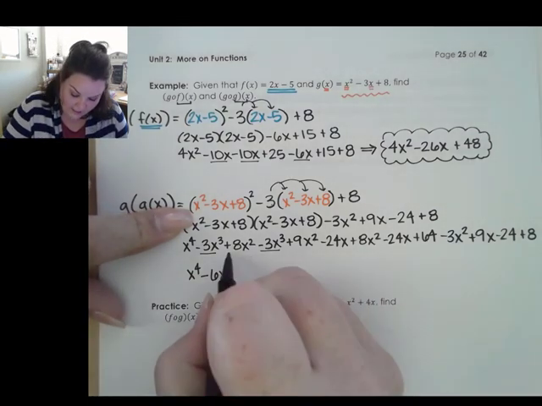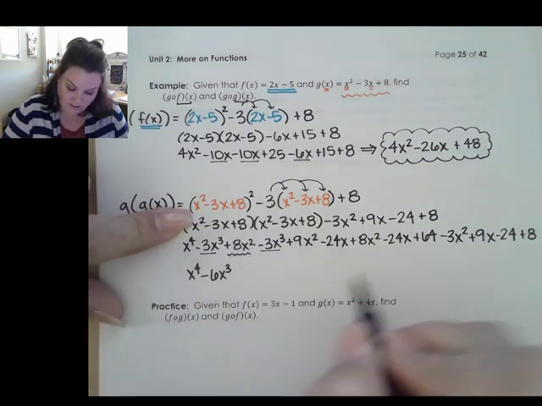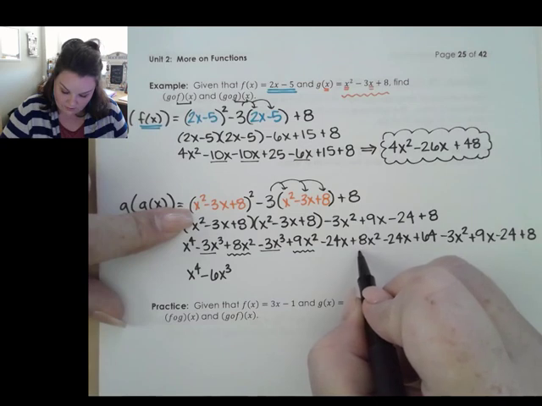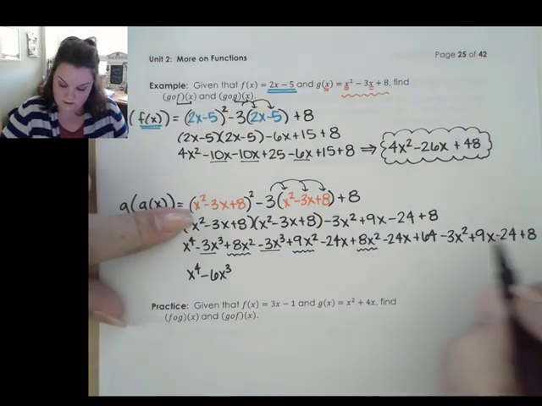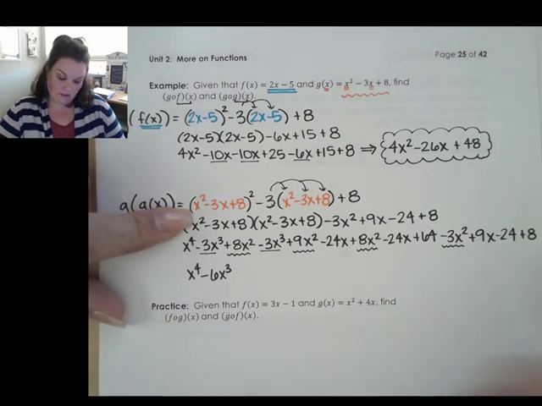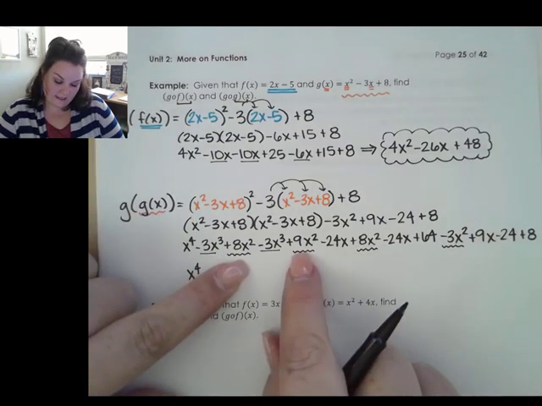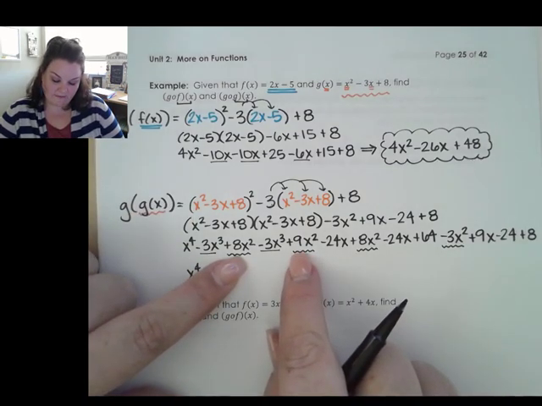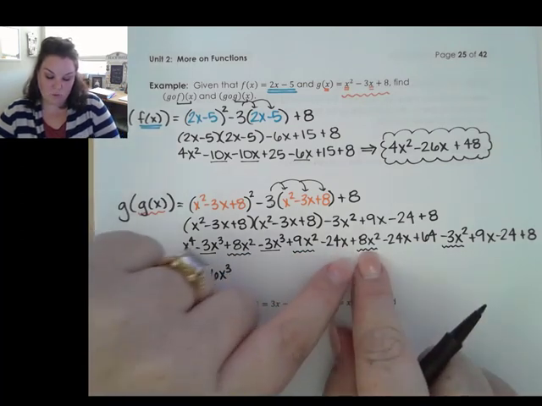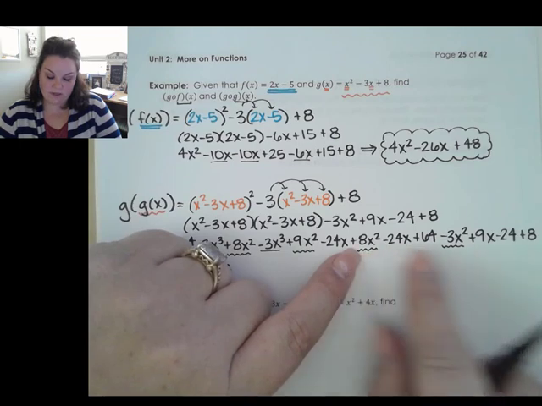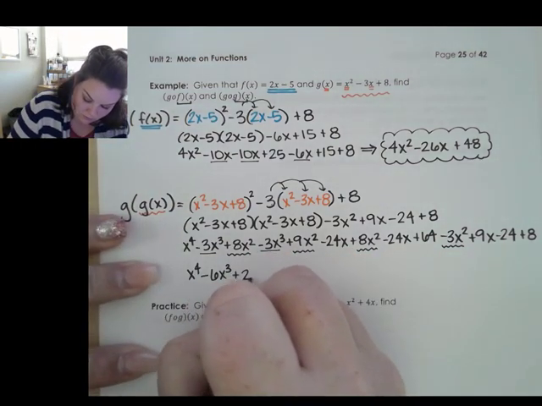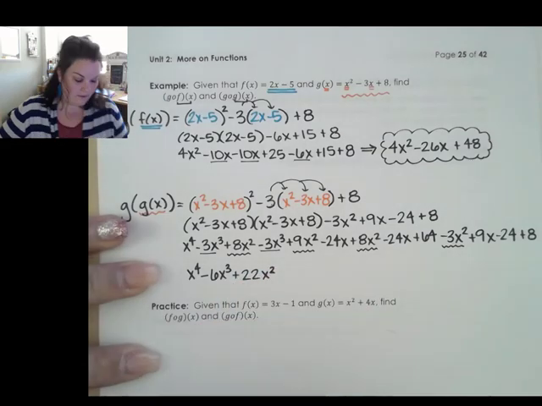So I have a positive 8x squared, a positive 9x squared, a positive 8x squared, and a negative 3x squared. So 8 and 9 gives me 17. 17 and 8 gives me 25, and 25 minus 3 gives me 22. So I'm left with 22x squared.